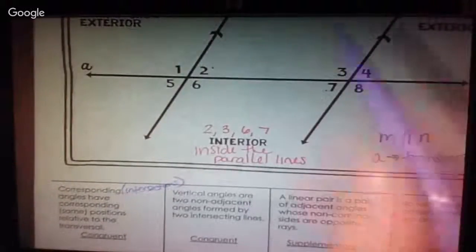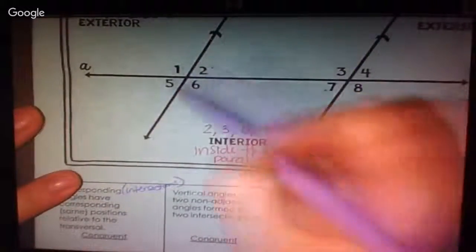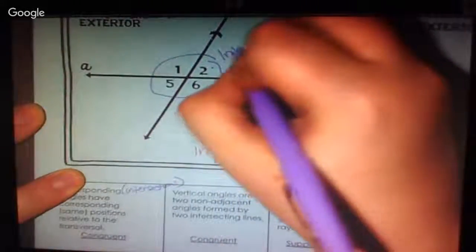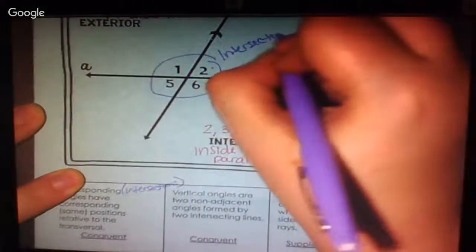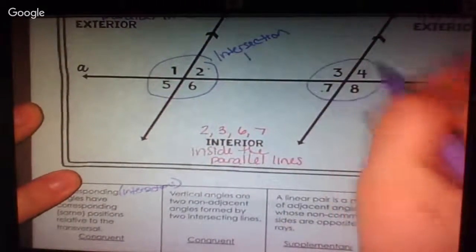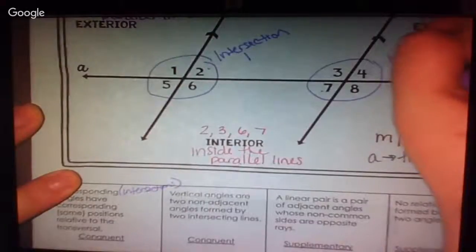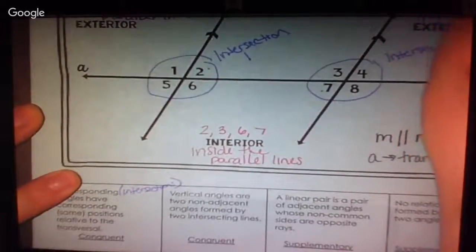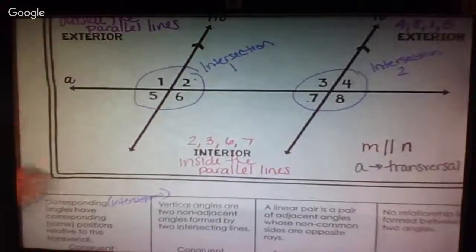So what I mean by that is if this is stop sign, this is intersection 1. Intersection 1. This is intersection 2. Okay.